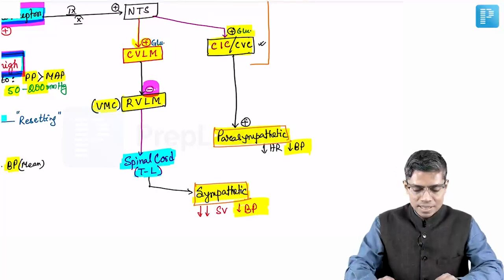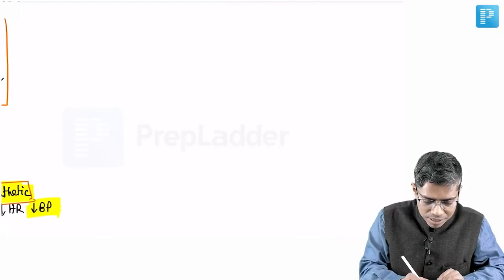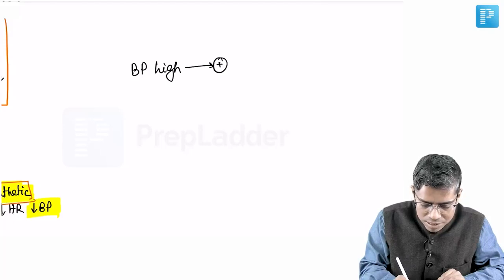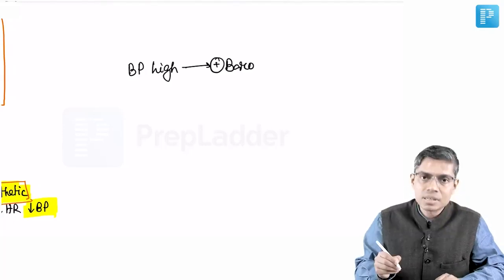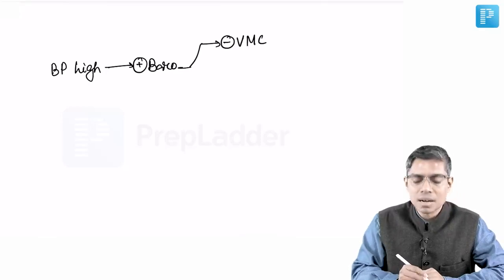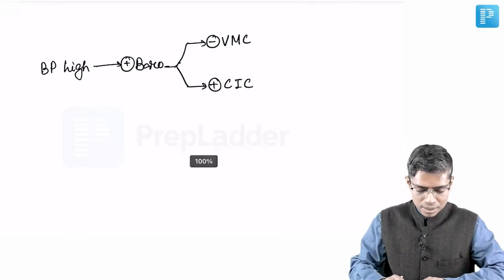Okay, so now if I summarize this whole thing, what I told you already, this is the summary. Whenever your BP is high due to any reason, it is stimulating the baroreceptor. Baroreceptor stimulation means there will be inhibition of vasomotor center, that is the RVLM, and there will be stimulation of CIC, cardiac inhibitory center or parasympathetic center.